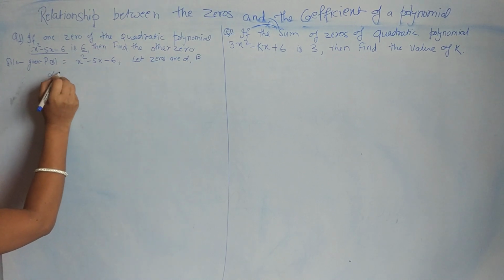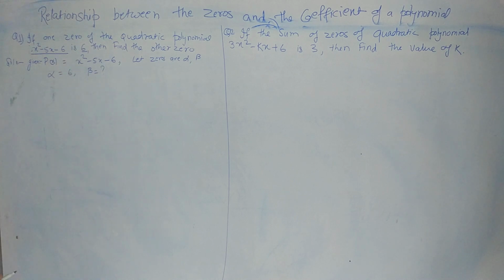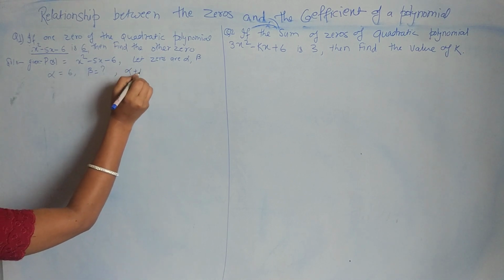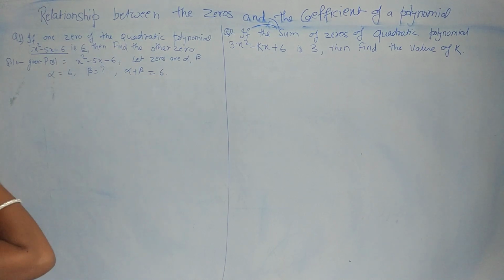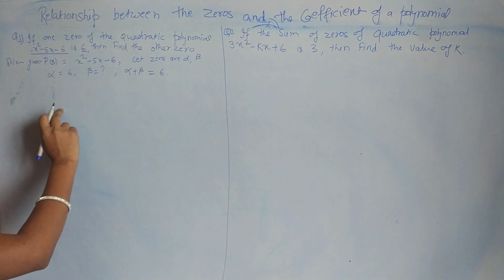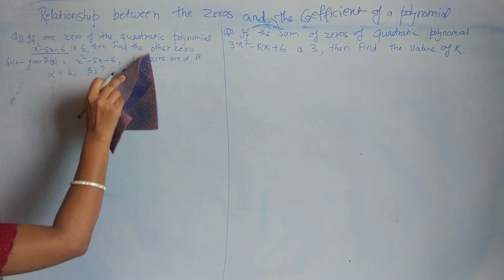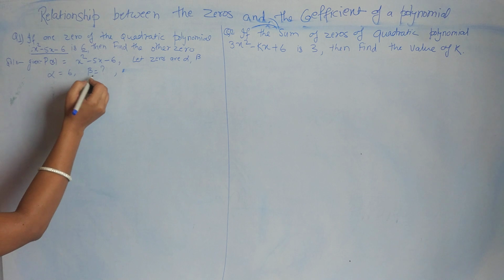So alpha is equal to 6, and we need to find beta. We need to find alpha plus beta. Alpha is given as 6. So what can we do to find beta?